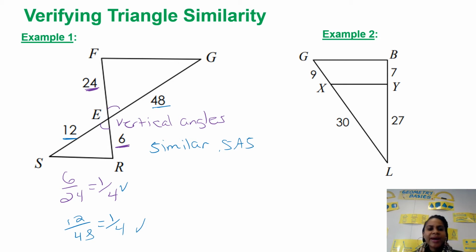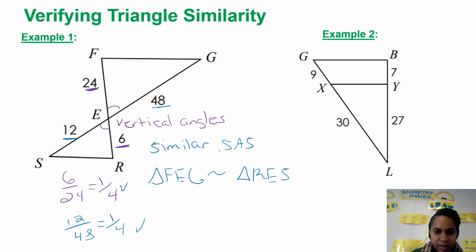And let's go ahead and write a similarity statement. So I could say that triangle FEG is similar to triangle RES. All right, and so we could see that those corresponding sides are actually in the same position.